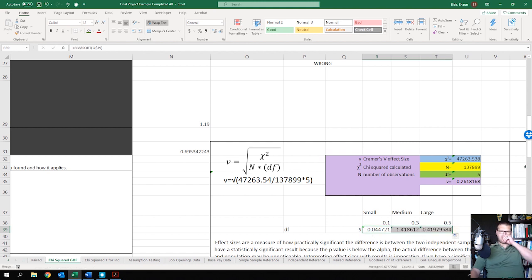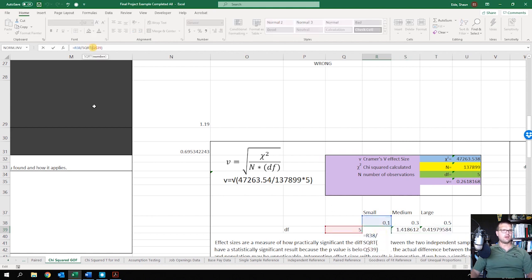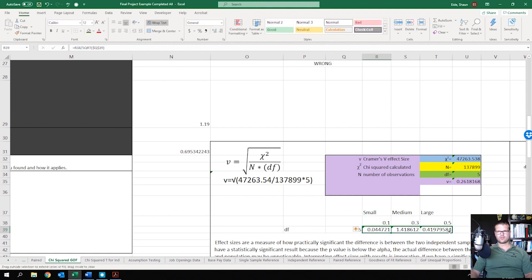Okay, so for a small effect size, it should be 0.447 or smaller, which I once again messed something up. Hold on. There we go. For a medium effect size, it's going to be somewhere right around 0.134. And for a large effect size, it's going to be 0.223 or higher.